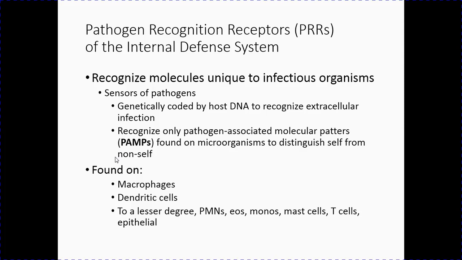And obviously we do want to have a halting system that will not have our phagocytes killing all of our own cells indiscriminately. So it's important that the immune system has a mechanism to identify that. So the non-self cells or non-self organisms are identified as such by pathogen recognition receptors on phagocytic cells.